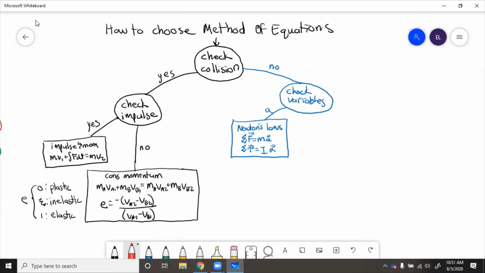And if instead the problem asks for velocity or position, then we check if there are external forces. So are there external forces that do work on the system? If there are, then we use work and energy.